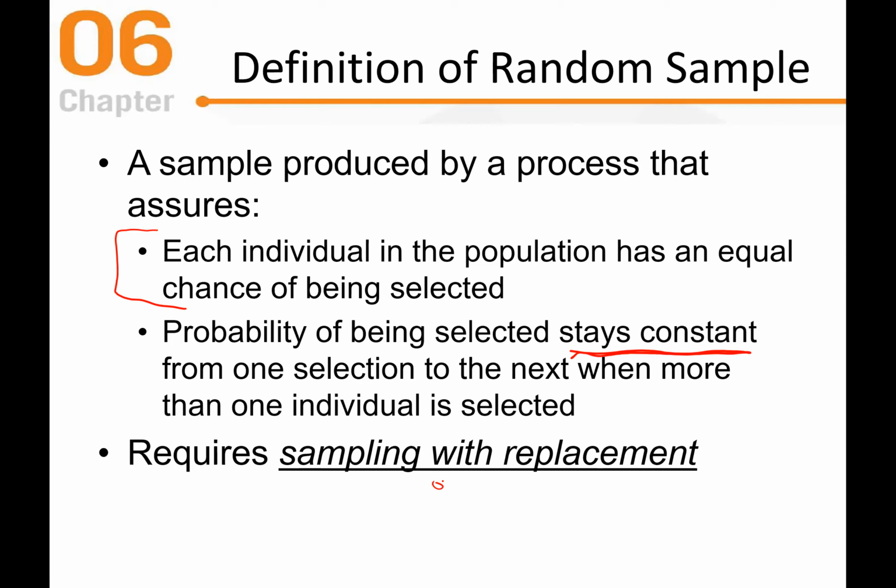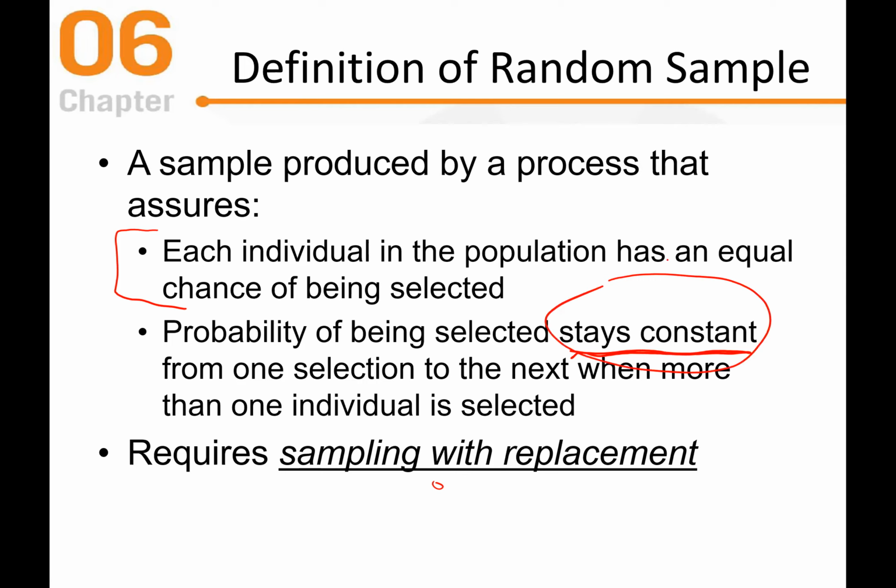If I take one person out of the population and put them into my sample, I'm going to put that person back into the population, with the idea that they could be chosen again. If we choose them again, we wouldn't put them in our sample twice, but by putting them back into the population, our probability remains constant.